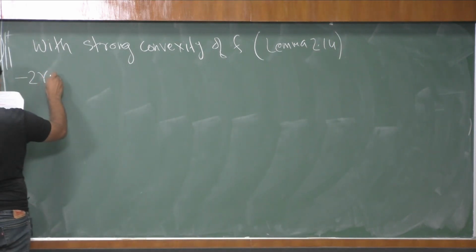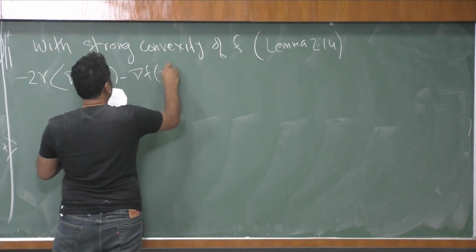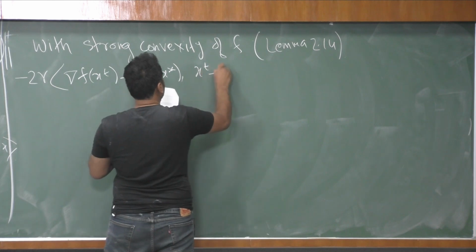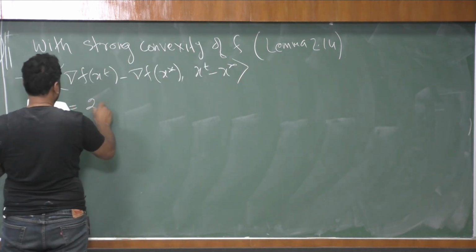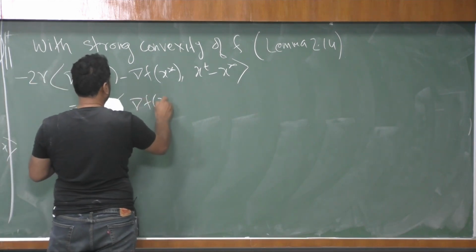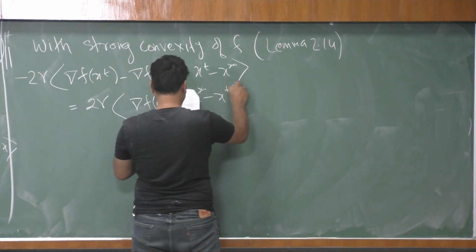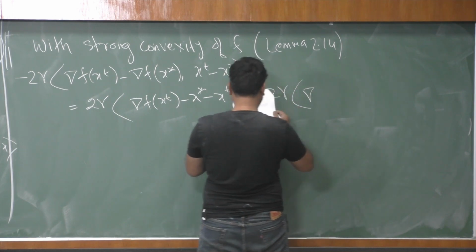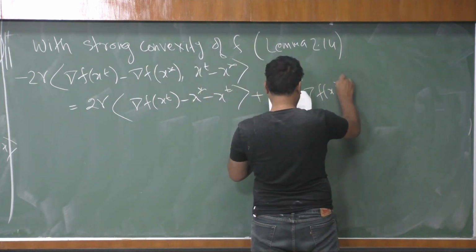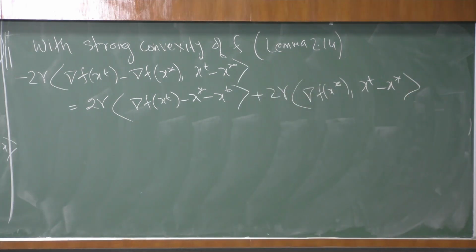So this is minus 2 gamma <grad f(x_t) - grad f(x*), x_t - x*>, and this is equal to 2 gamma <grad f(x_t), x* - x_t> plus 2 gamma <grad f(x*), x_t - x*>. Right now I have just done the equality. I have just added and separated. I have not used the strong convexity.